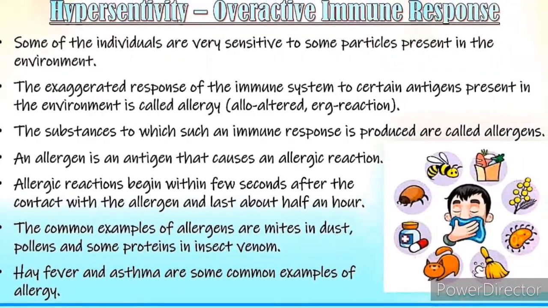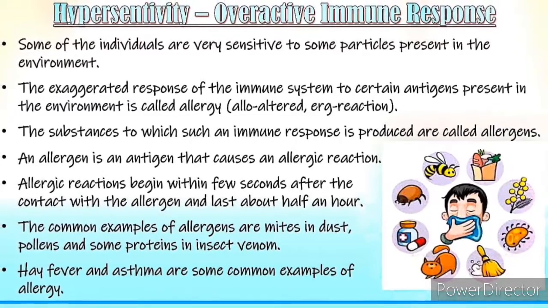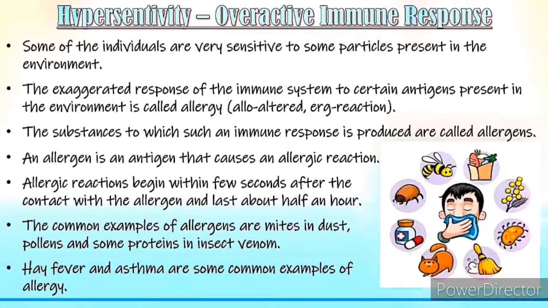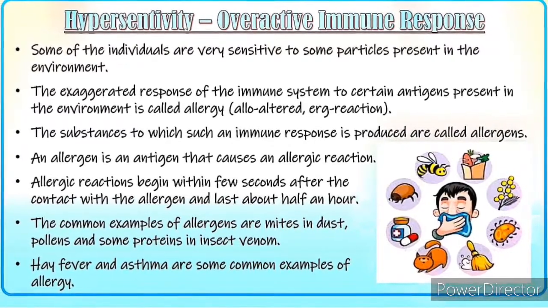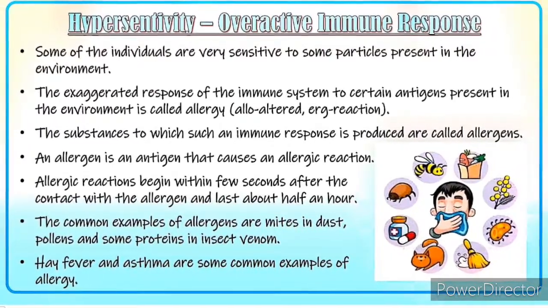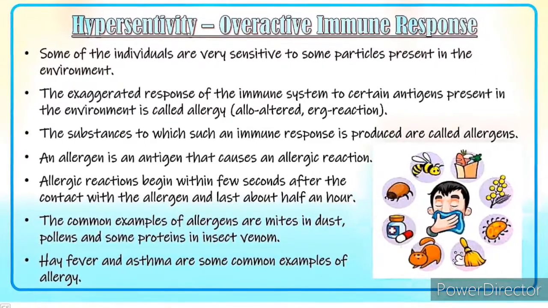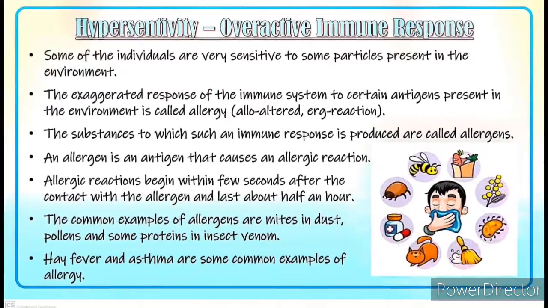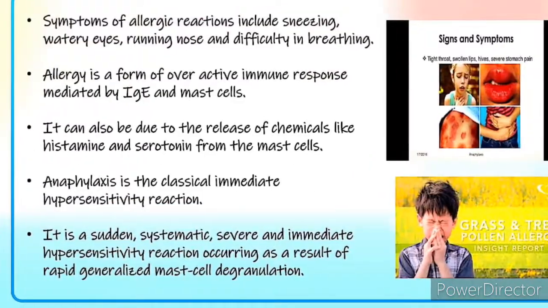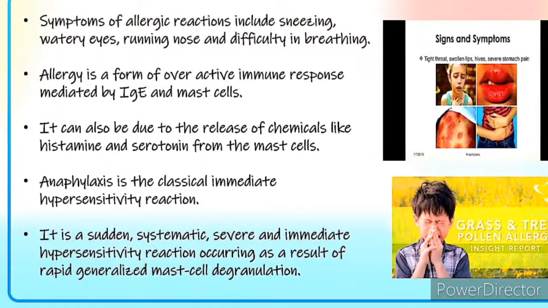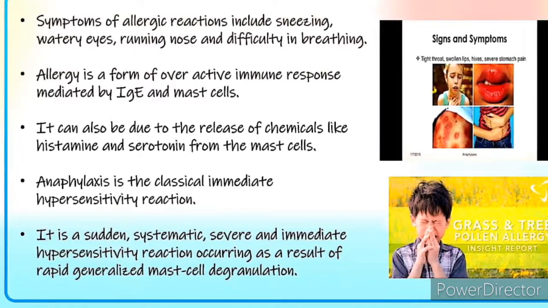Hypersensitivity, that is overactive immune response. The exaggerated response of the immune system to certain antigens present in the environment is called allergy. The substances to which such an immune response is produced are called allergens. Allergy is a form of overactive immune response, as I told you already.